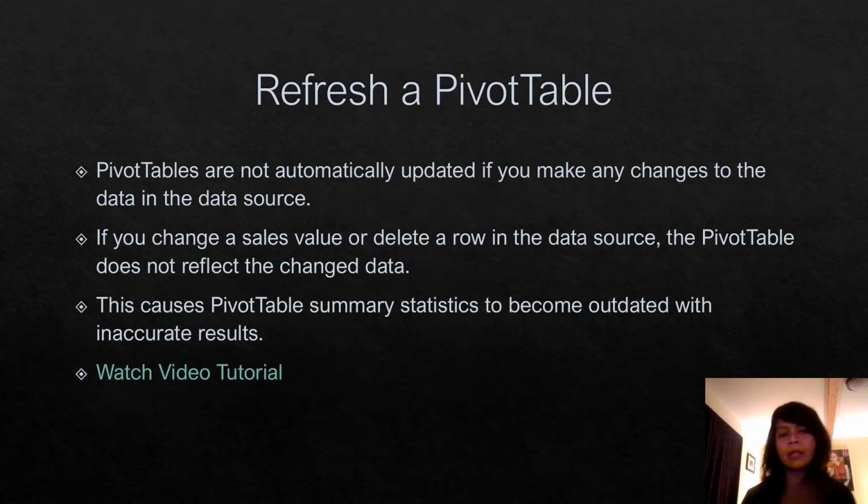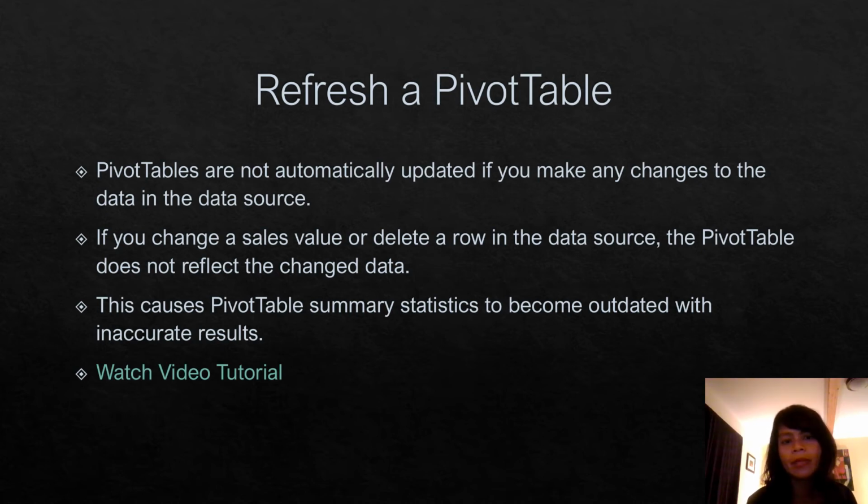Next, we are going to look at how to refresh a pivot table. Pivot tables are not automatically updated. If you make changes to the data in the data source, they draw the data from there and create the table. But if you make a change in the original range of data, that change is not reflected. If you change a sales value or delete a row in the data source, the pivot table does not show this change.